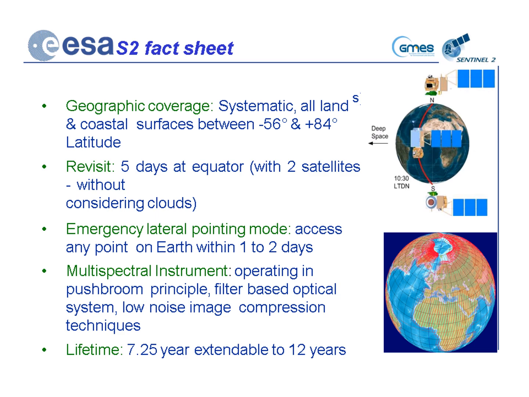It can do lateral pointing, so you can shift the satellite off nadir in order to pick up areas adjacent to the current path. And so any point on Earth can be observed within 1 or 2 days, provided it's not cloudy. These are push broom sensors, and the lifetime is supposed to be 7¼ years, extendable to 12 years, but again, it's very, very difficult to know how long a system is going to last in space.